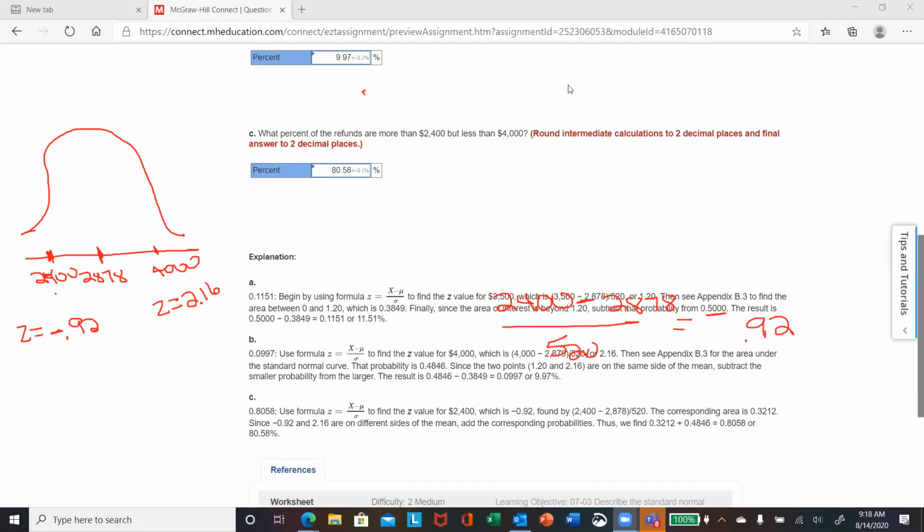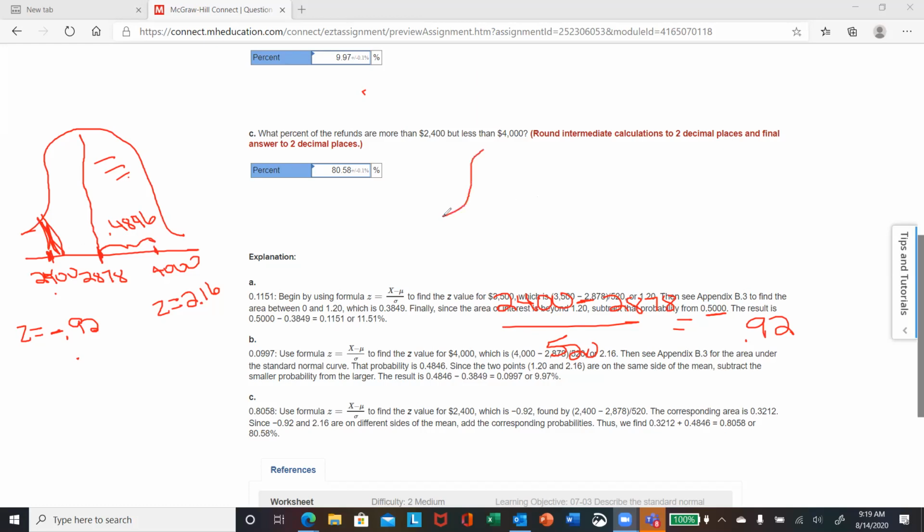And so let me map that out. So between here and there's 0.4846. That would be that area. And then I'll look up the positive 0.92 in my table, and that's going to be right at 0.3212, it looks like.